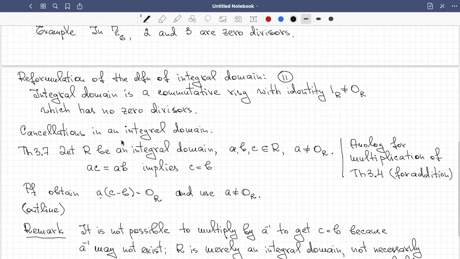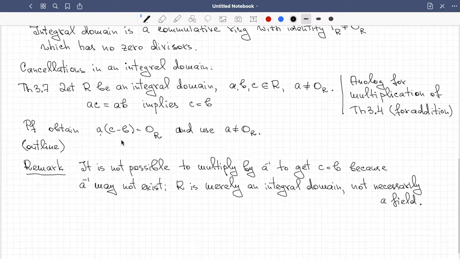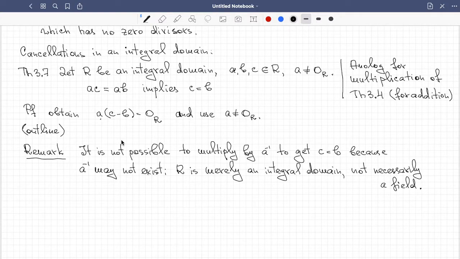Look, Z is an integral domain. Z is an integral domain which is not a field. For the number 3, there is no 3 inverse in Z. So an integral domain may not have A inverse; you cannot multiply. It is possible to multiply by an inverse in a field.